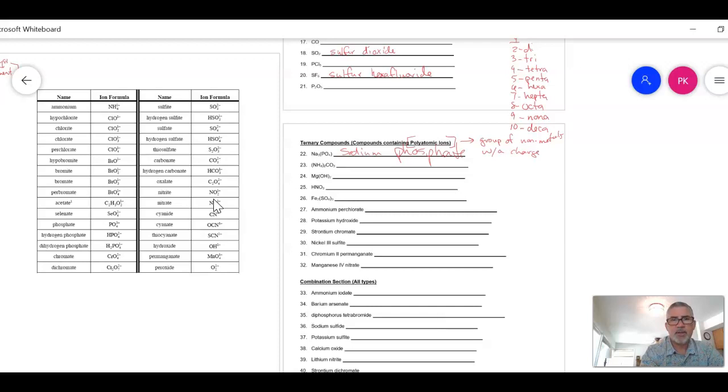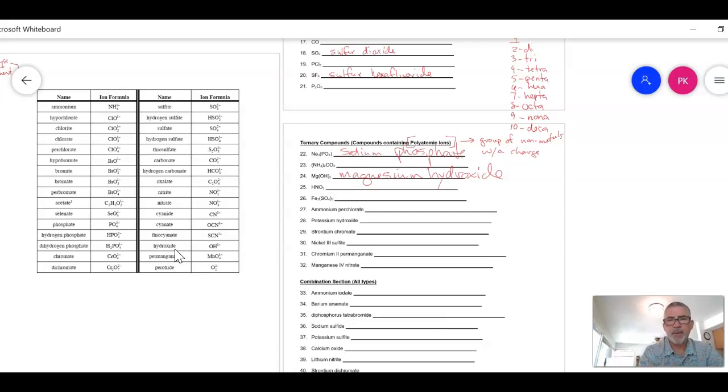If I look at the next one, 24, Mg is magnesium. And I have OH, and I just look on my list here, and I'm looking down. And OH, I found it right here. It's called hydroxide. So that's essentially the way that you do that. Okay.